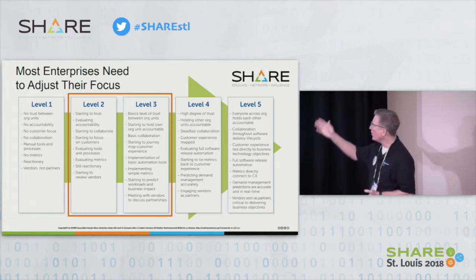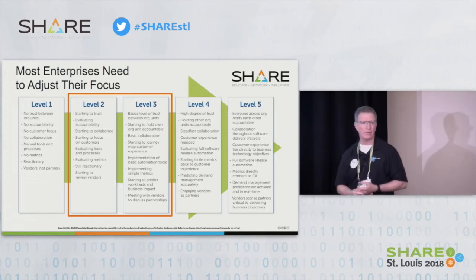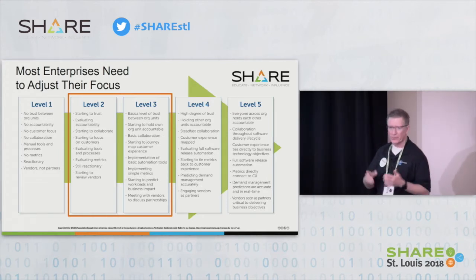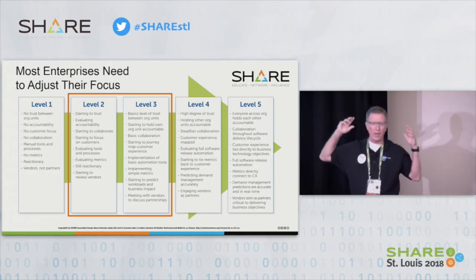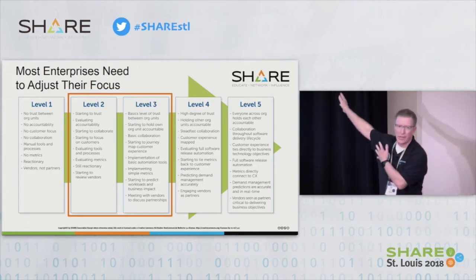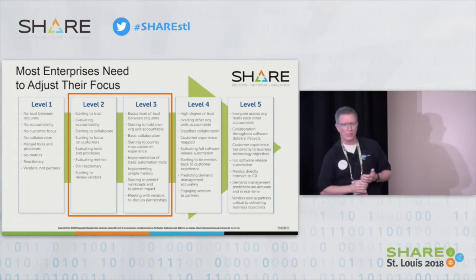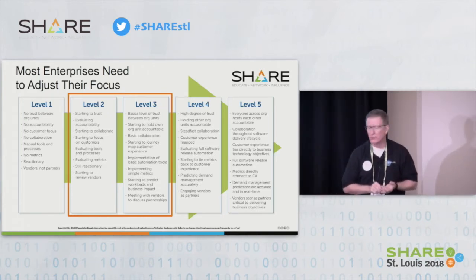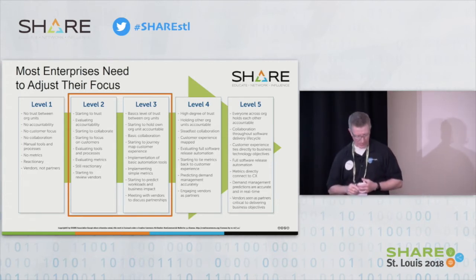We find that most companies rate themselves at level 2 or level 3 in a DevOps maturity chart. And that's great. Level 5 would be like if we were talking national security, this would be the NSA. There's not a lot of level 5s, and there doesn't need to be a lot of level 5s. Most companies, as it turns out, just need to be one level better than they are today.